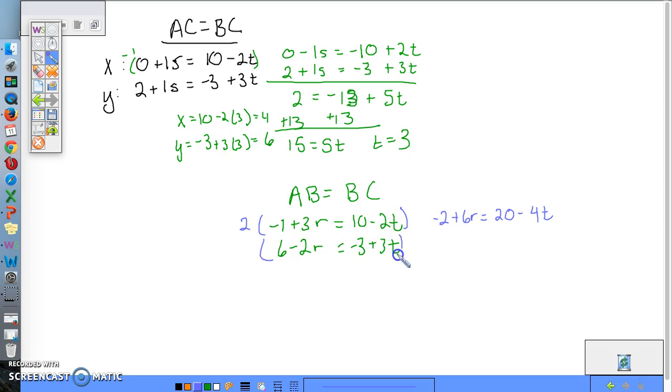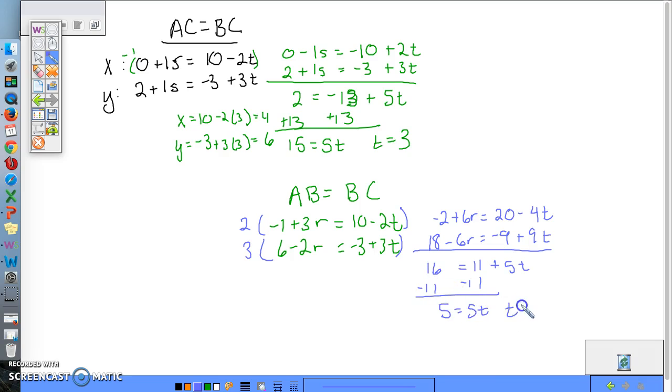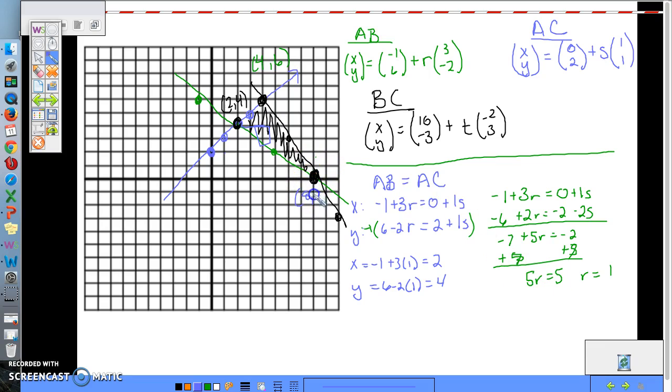And this one we'd have to multiply by 3: 18 minus 6r equals negative 9 plus 9t. So we have 16, 11 plus 5t. So we have t equal 1. If we plug that in, 10 minus 2 times 1 is 8. Negative 3 plus 3 times 1 is 0. Does that work? Yep, this is 8, 0.